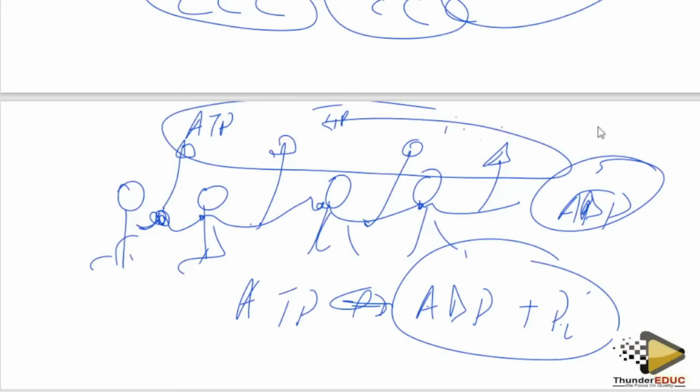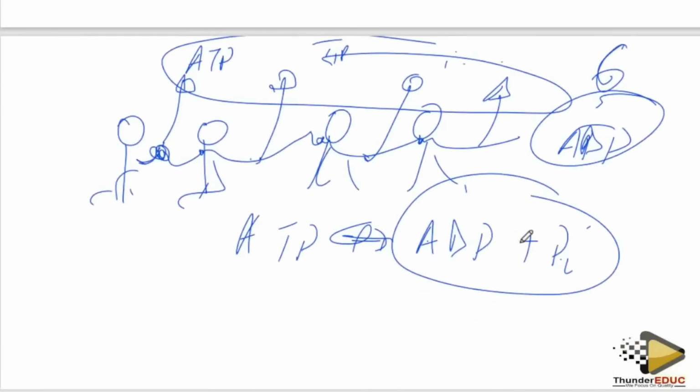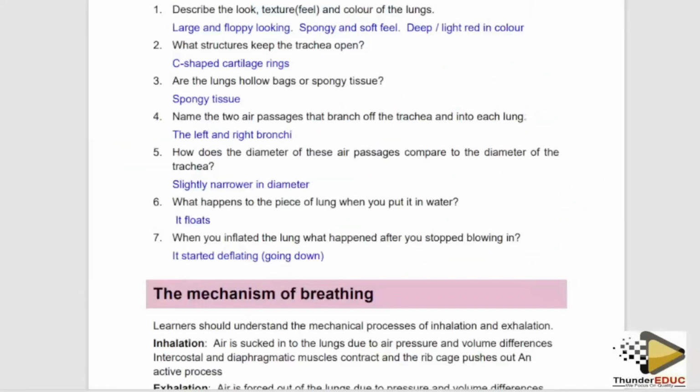At the end of the day, you'll find that you have almost 36 ATPs or 32 ATPs, depending on whether you include the capital or you subtract the capital. When I say subtract the capital, it's the one you used at the beginning, because you had to start with it. It's like a matchbox. You can't have fire without a match.